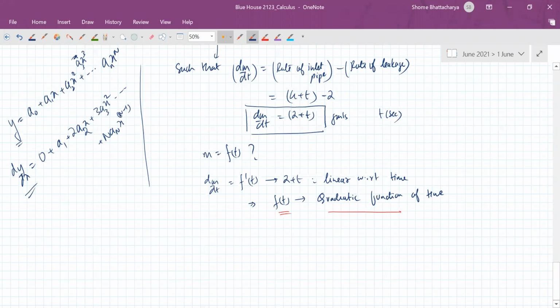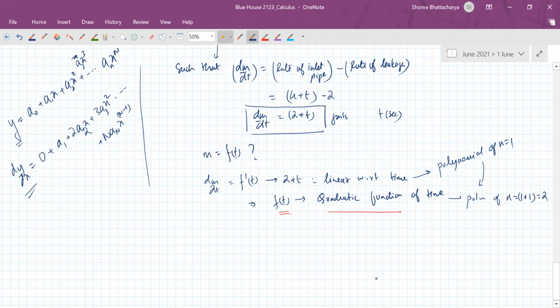Okay, understood this point? Yes, sir. So here what is happening? The derivative has a degree of how much? 1. The derivative is a linear function of time, so it is a polynomial of degree equal to 1. That means the function itself has to be a polynomial of degree 1 plus 1.